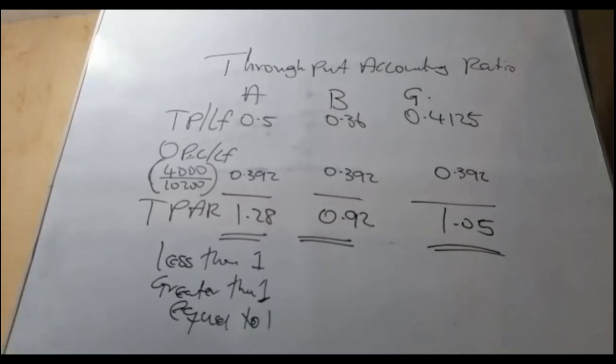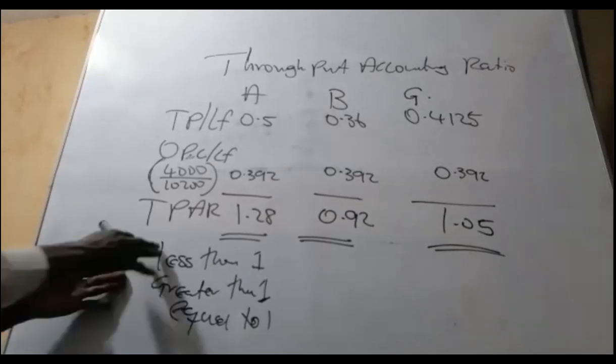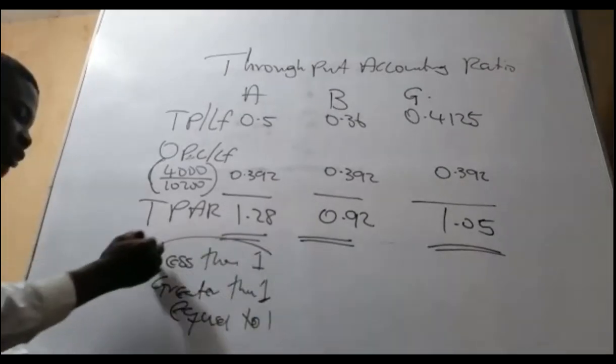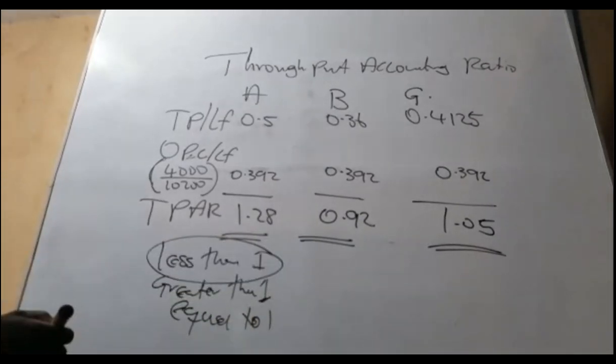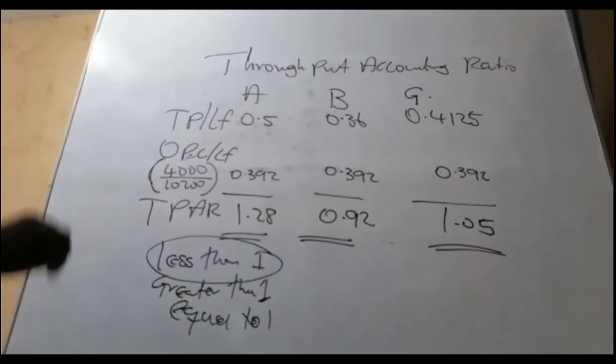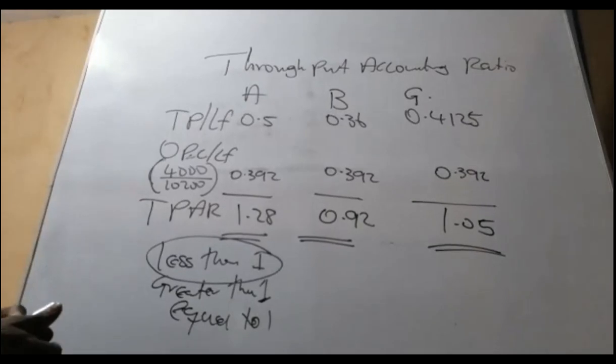If it is less than 1, it means that the operating costs are more than the return. In fact, throughput can also be called return.